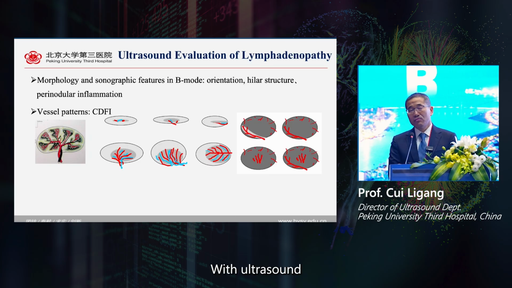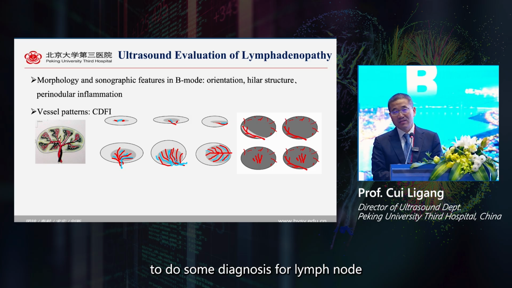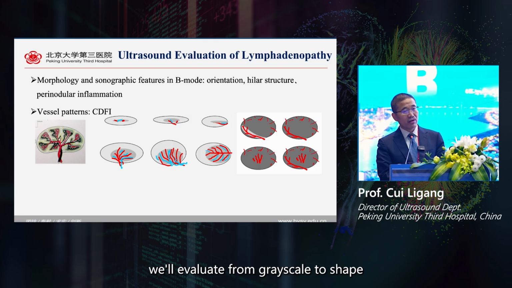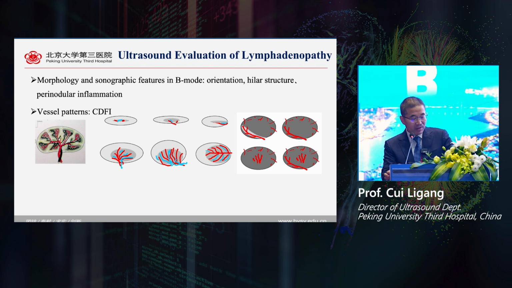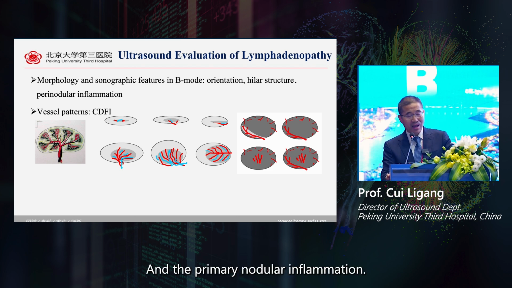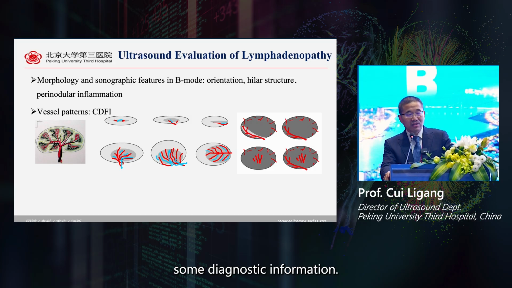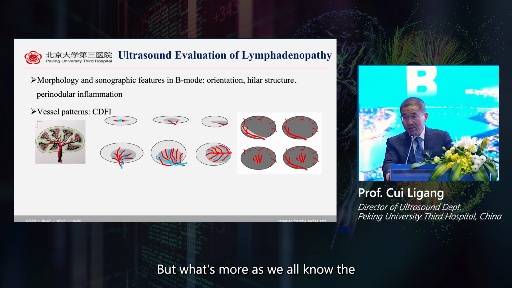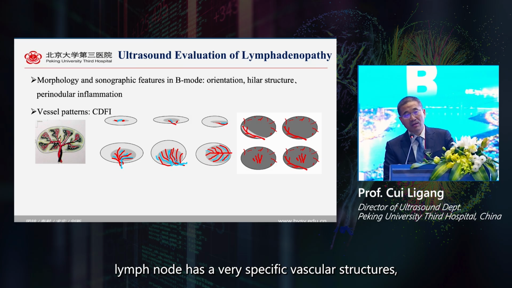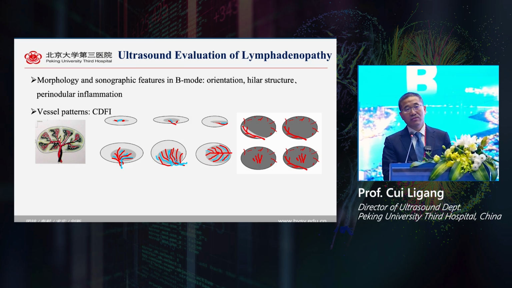With ultrasound, to do some diagnosis for lymph node, we evaluate from grayscale the shape, the hilar structures, and the perinodular inflammation. This information can give us some diagnostic information. But what's more, as we all know, lymph node has very specific vascular structures.